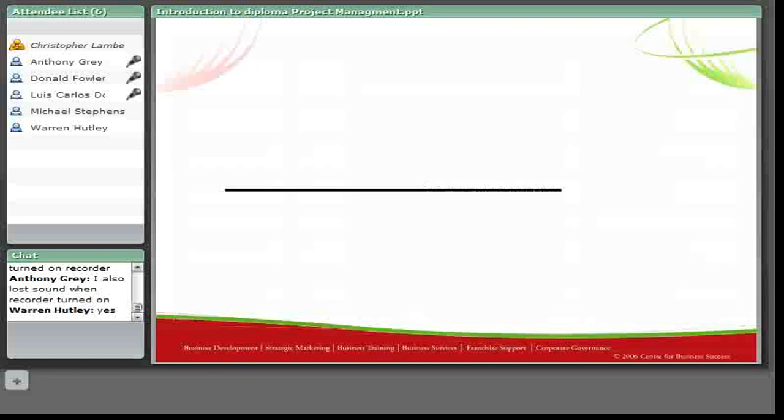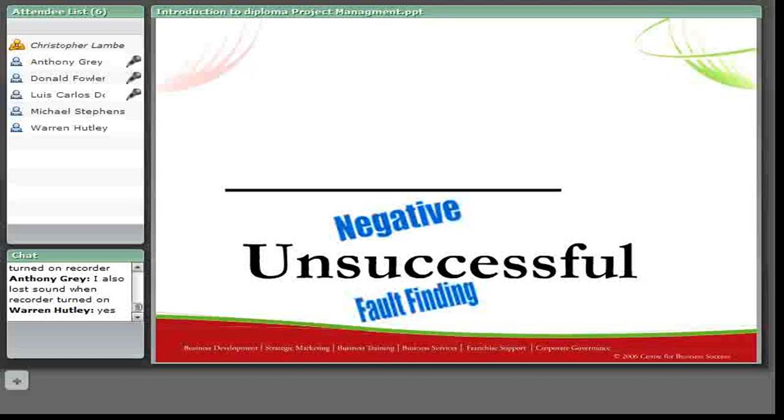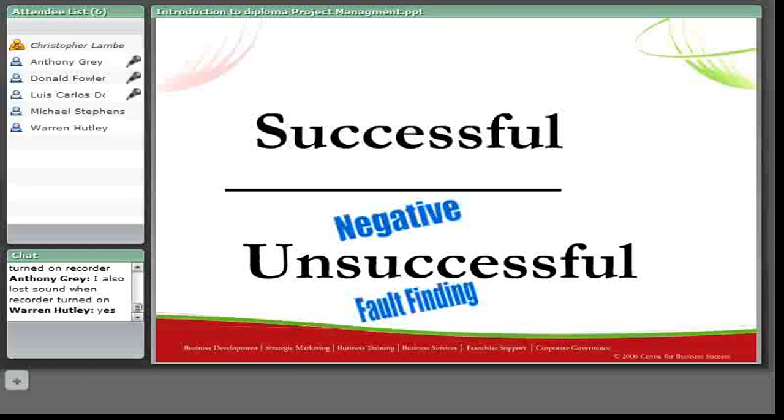Right, now in any of these things that we do, there's a line, and that black line is a dividing line. Below the line we can have unsuccessful, which is negative and fault finding, or we can look for a more successful way of doing things, successful by being positive and by being encouraging.